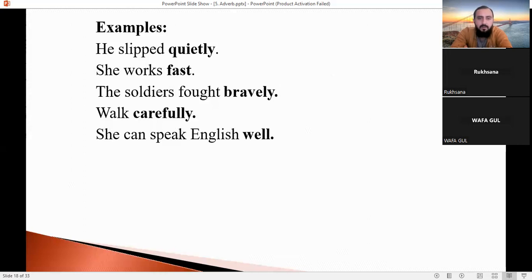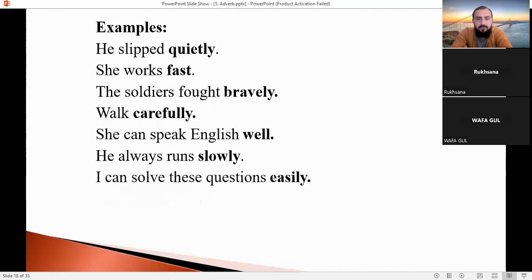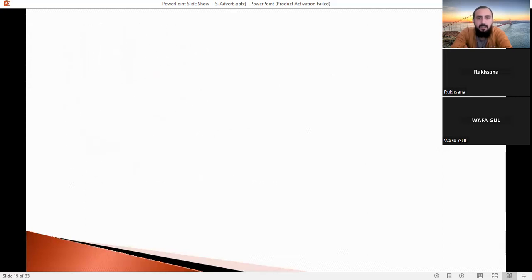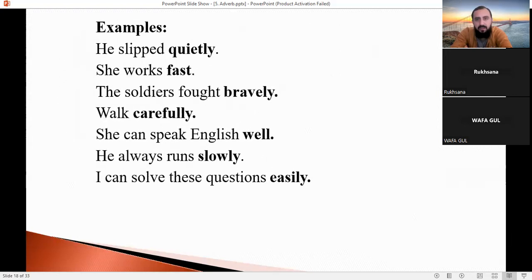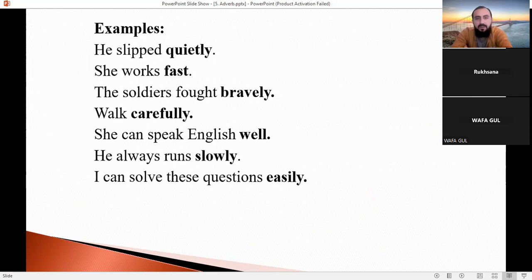She can speak English well. He always runs slowly. I can solve these questions easily. So easily, well, fast, slowly, quietly, bravely, carefully, these are all functioning as adverbs of manner.